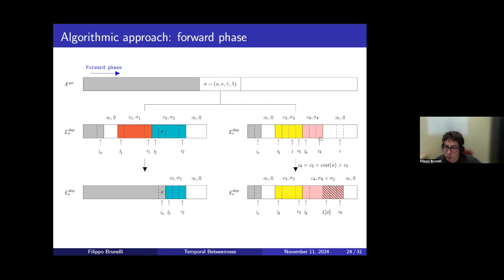So basically, we need to update this last interval with a cost C4 and counting sigma 4.